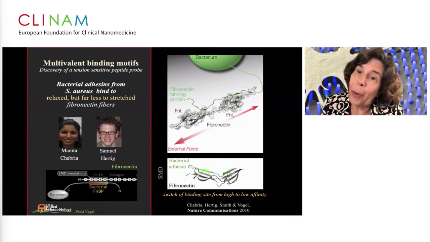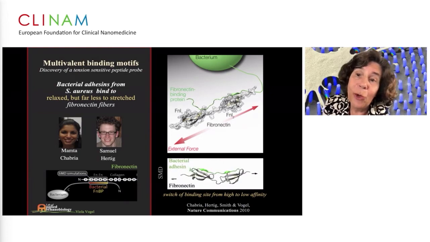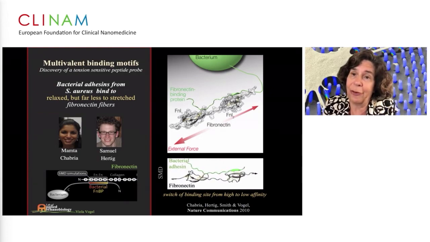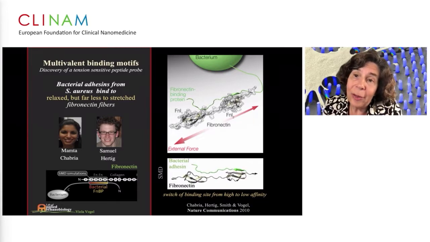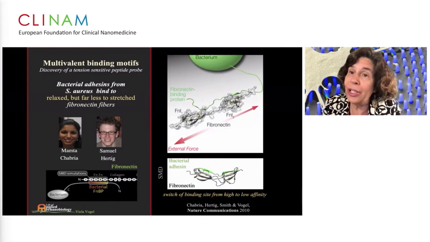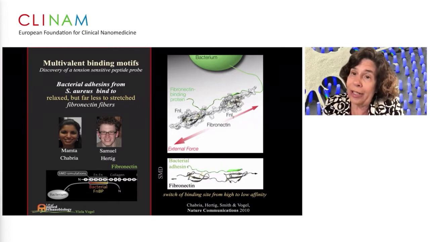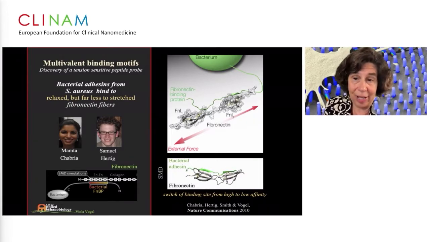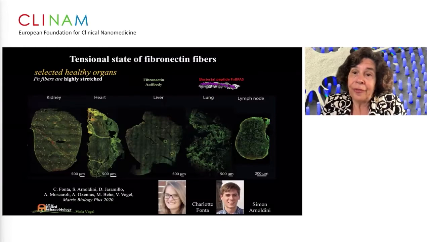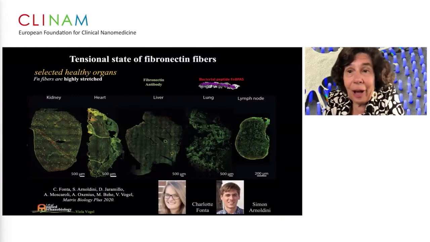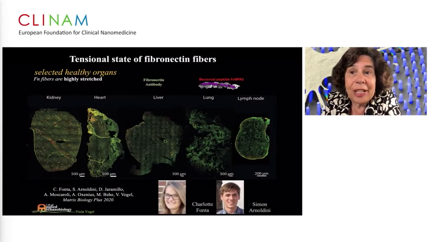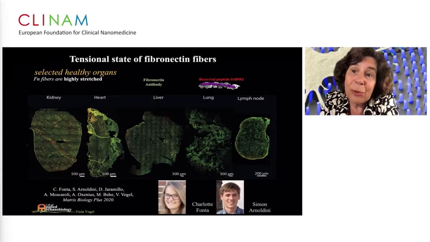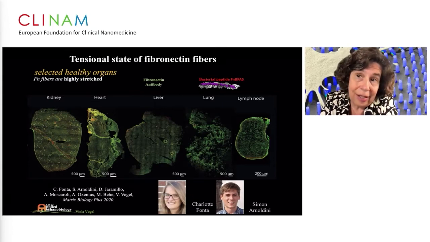They do so by utilizing a multivalent binding motif. And this multivalent binding motif, and you see it beautifully in the simulation, is destroyed if you stretch fibronectin, here shown in gray. So with this, we asked, can we utilize these bacterial adhesins as a probe to study the tensional state of fibronectin fibers in healthy and diseased tissues?